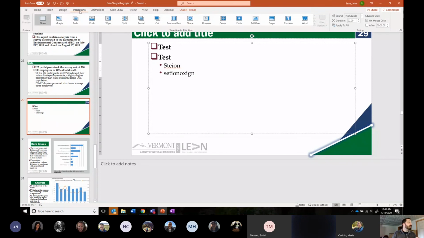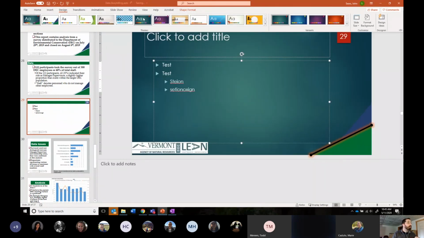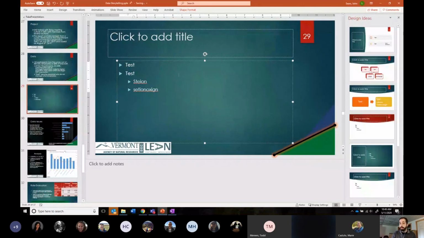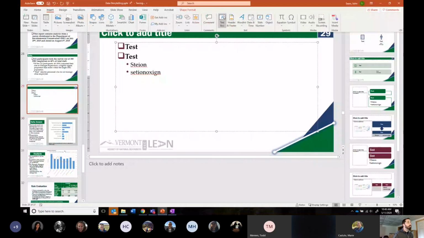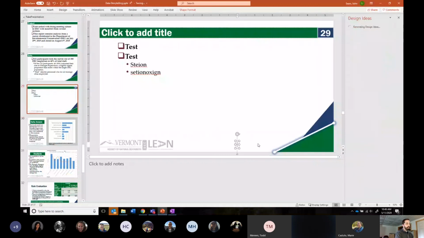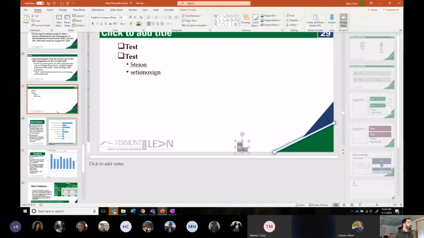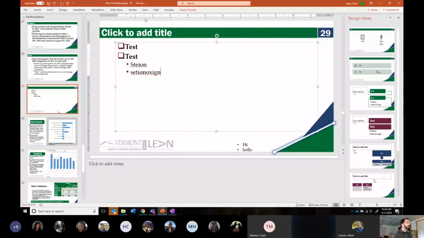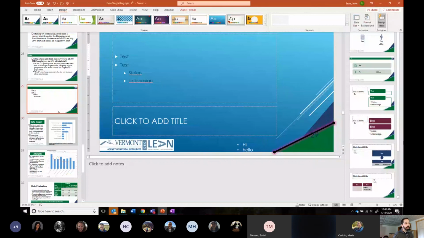So for example, if I go ahead and I change the design from my template to this, you'll notice that it changes everything because I used the default text. But if I go ahead and I add a text box and I just say hi, hello, and I want that to be a bulleted list, and then I go ahead and I change the design, you'll notice that it changes the font, but not much else.